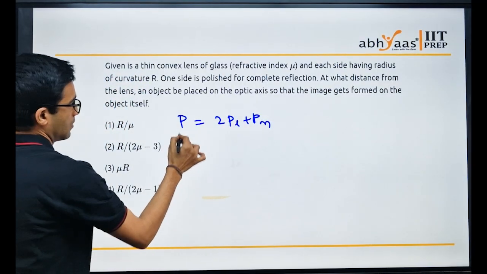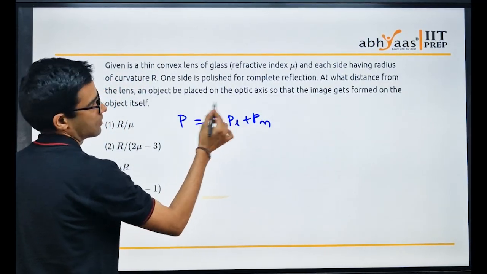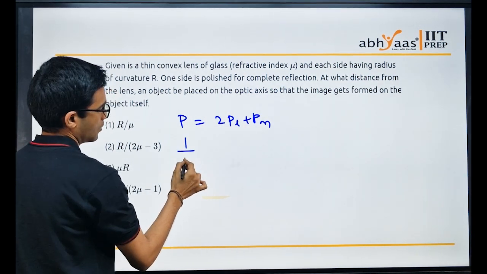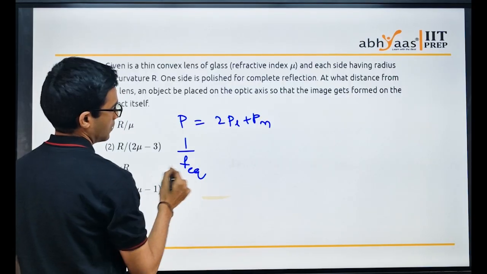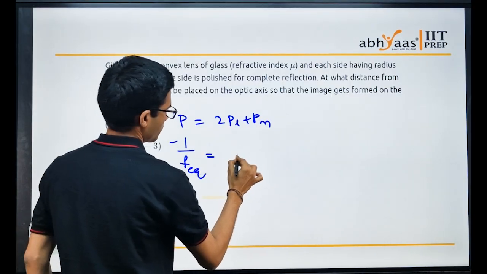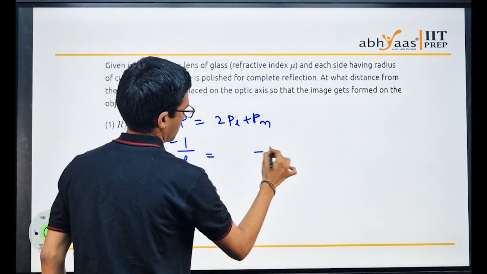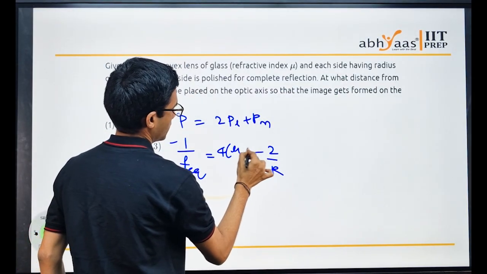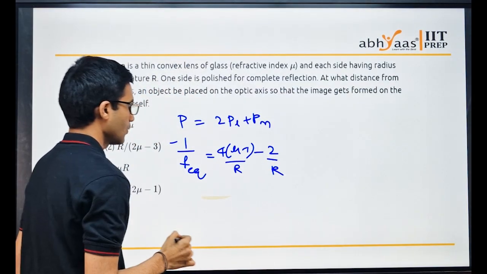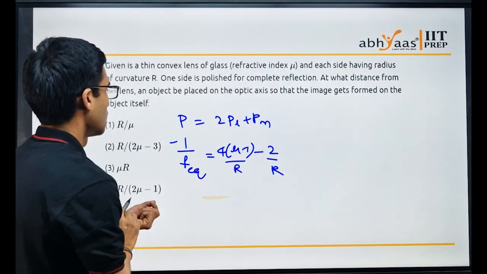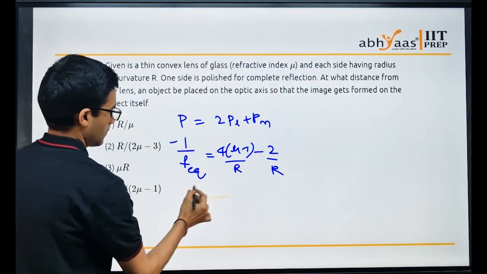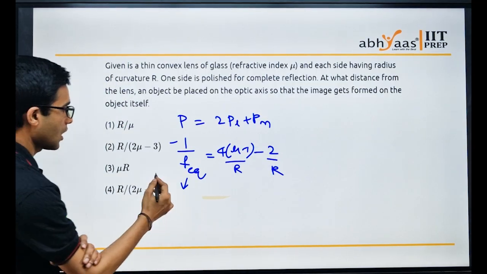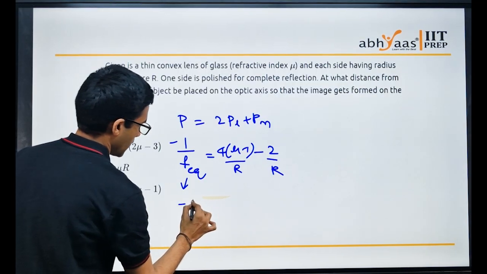If you see for the equivalent distance, power is equal to 1 by f equivalent. And here minus 2 by r. So for this one, 4 into (mu minus 1) into r. Also f equivalent equals 2 into r by 2, if you write, you will get minus 2 by r.